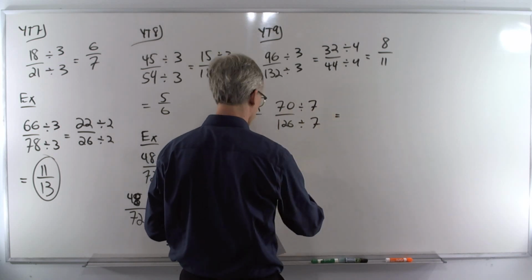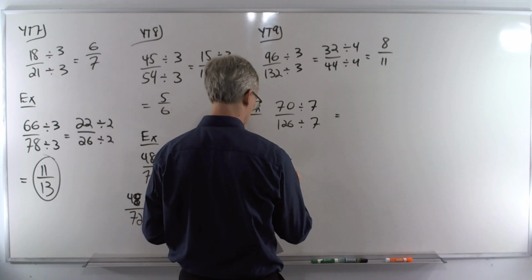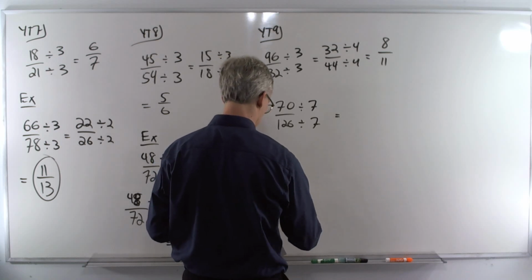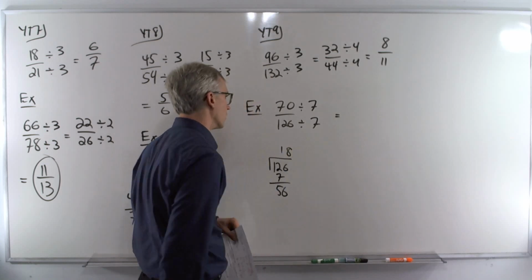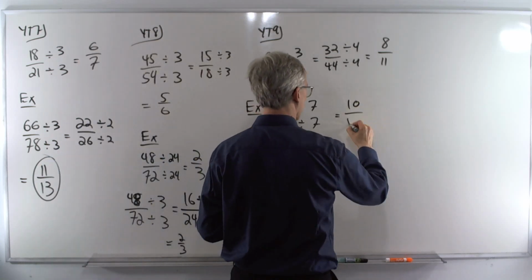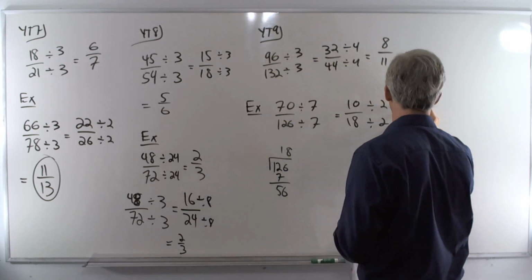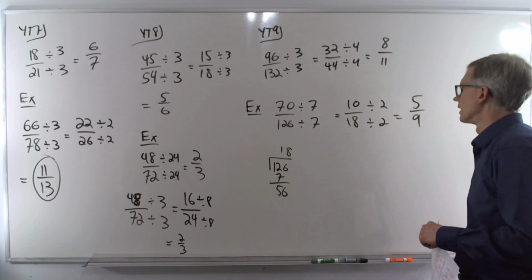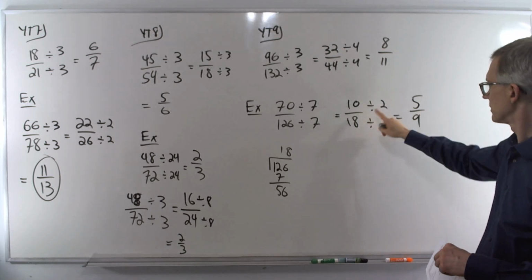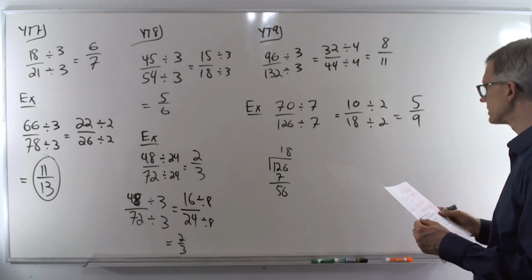And I think 126 does as well. Yep, that's going to give us 18 on the bottom. So we got 10 on top, 18 on the bottom, and then they're both even, so we can divide by 2, so 5/9 for that one. Your turn, number 10.